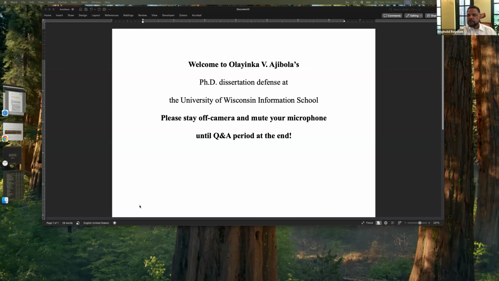Let's see what else. Meeting settings. Here we go. Connected time. That's not what I want. Anybody have a sense of how to shut off the entrance time so when people come in, we're not hearing chimes all the time?